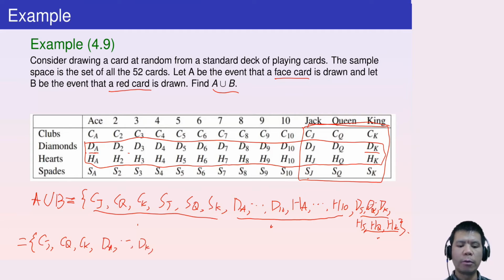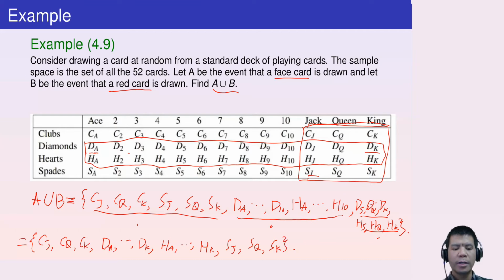And similarly for hearts, it's heart A till heart K. And finally what? It is spade J, spade queen, and spade king. So that is the union. All right. So either in A, or B, or both.